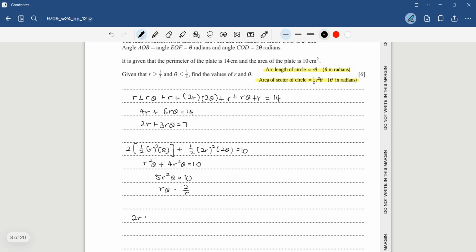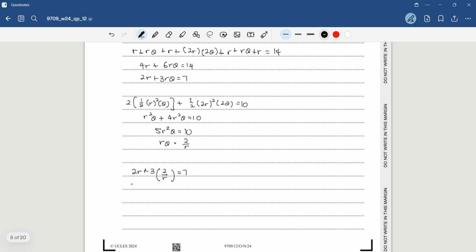So 2R plus 3R theta will be 2R plus 3(2 over R), equivalent to 7. So multiply everything with R. So we get 2R squared plus 6 equals 7R. So 2R squared minus 7R plus 6 equals 0. So we factorize this.